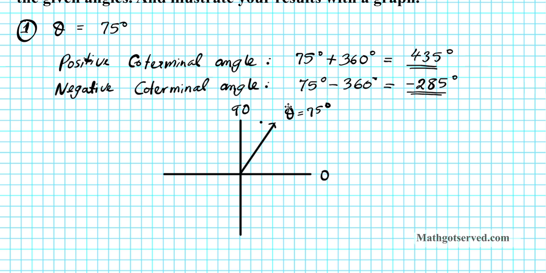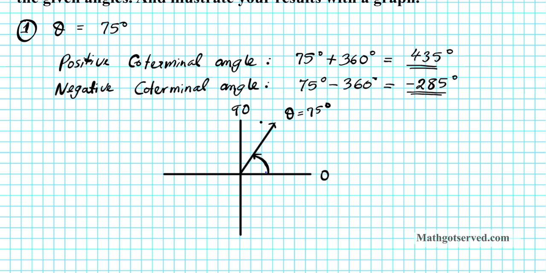Our positive coterminal angle involved us rotating 360 degrees starting from 75, giving 435 degrees. Let's make this original one in black, 75 degrees.